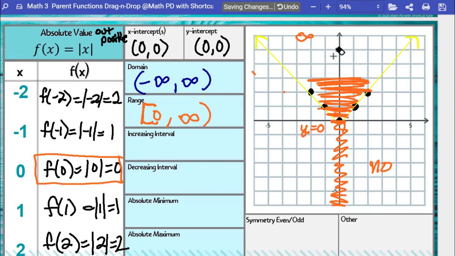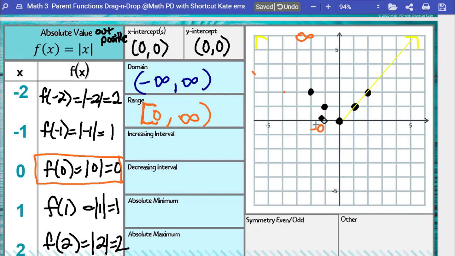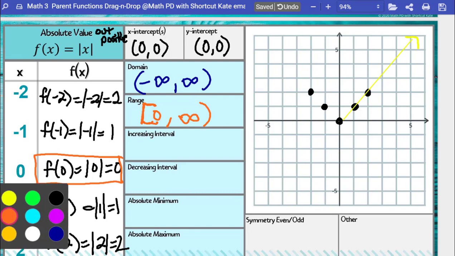So now we're back to increasing and decreasing. This function does have an interval where it's increasing and where it's decreasing. So we're going to start with increasing first. In the last example, we talked about the slope going up, and so it was increasing.